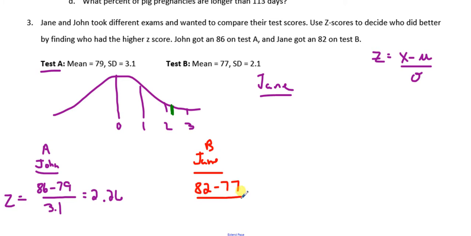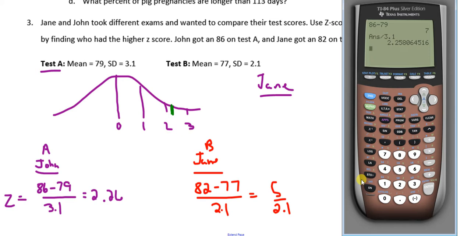Jane got 5 over the mean. But the standard deviation's tighter, so most of the people are closer to the mean when the standard deviation's smaller. 2.1. So this equals 5 over, not the nice 5, 2.1.